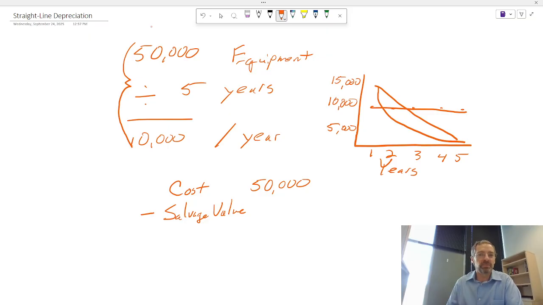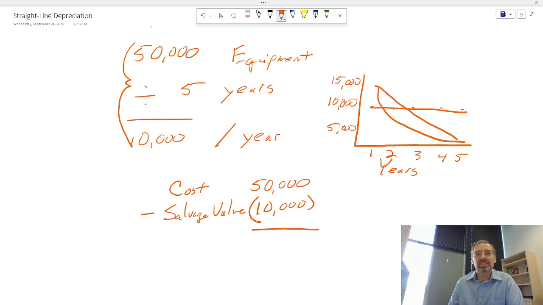Can we get some money back? And let's say when we are all done with this equipment, we can sell it for $10,000. So that is $10,000 of this asset that we are not going to use up at all. So we are never going to use that $10,000. We're just going to be getting that back at the end.